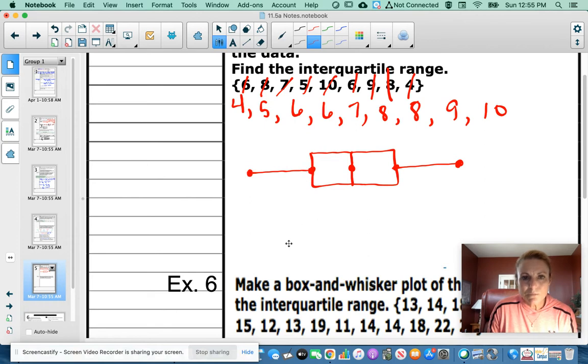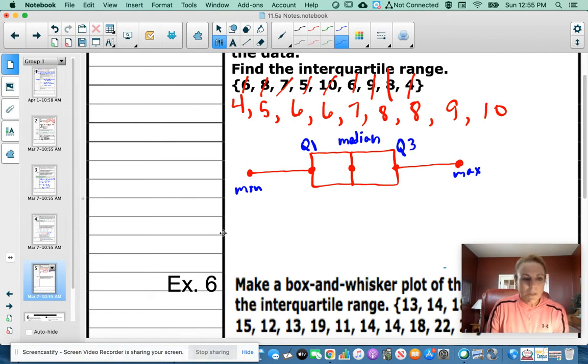So obviously, this is going to be the minimum. This is going to be the max. This is going to be the median. This one's going to be quartile 1, and this one's going to be quartile 3. All right. Well, obviously, we know that the minimum is 4, and we know that the maximum is 10.